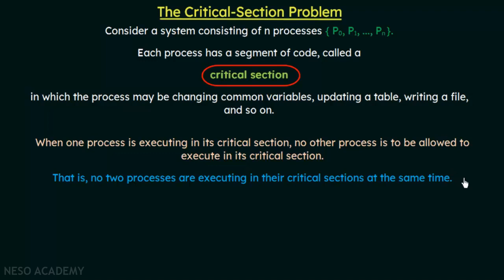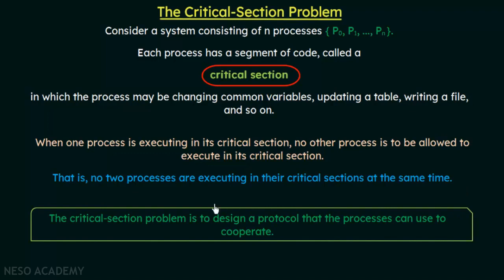So now we can understand that the critical section problem is to design a protocol that the processes can use to cooperate. We saw in the previous lecture that cooperating processes are the processes that share data. When they are cooperating, they need to be synchronized. And what do we mean by synchronized? They should not try to manipulate the shared data concurrently, which will lead to data inconsistency.